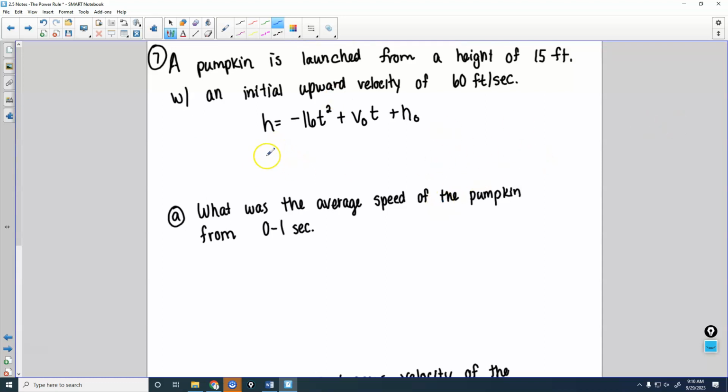So for this particular equation, your height would equal negative 16t squared plus v sub 0, that is initial upward velocity, which they tell us is 60, so we'll have 60t. And h sub 0 is initial height, which is 15.